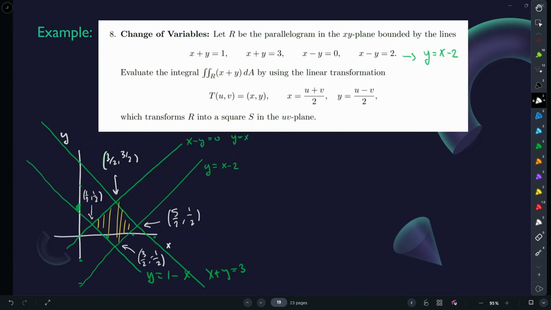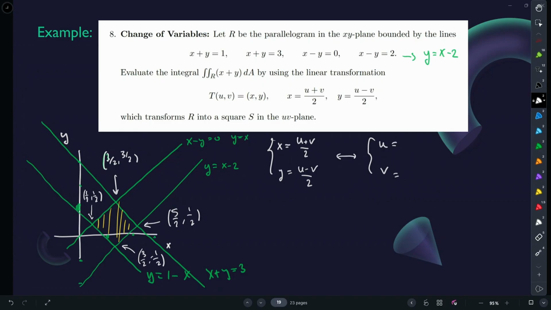So now I can figure out what are the u and v coordinates that correspond to this. So one thing I can do is, first of all, I have my transformation. And I can actually solve for u and v, just to see what is the inverse transformation. So I can find coordinates in u and v out of x and y's.